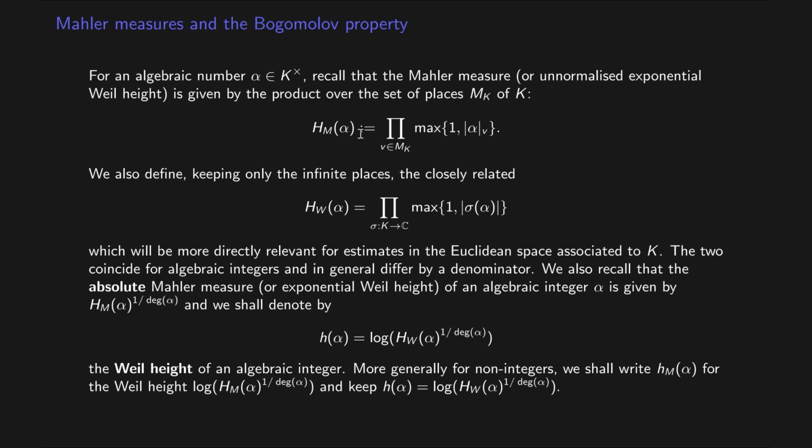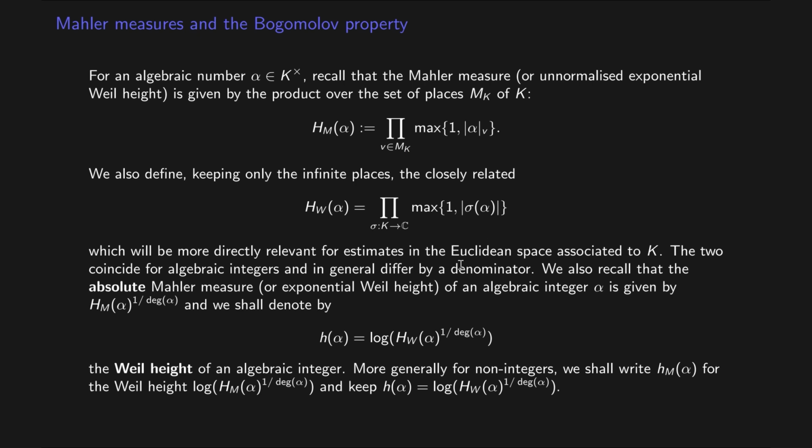What can also be interesting for us, from what we have already done, is to look not at all places, but only at the infinite places. So here it means that we need to look at all complex embeddings of alpha and their absolute values, and take a product of the maximum of 1 and the absolute value of alpha.